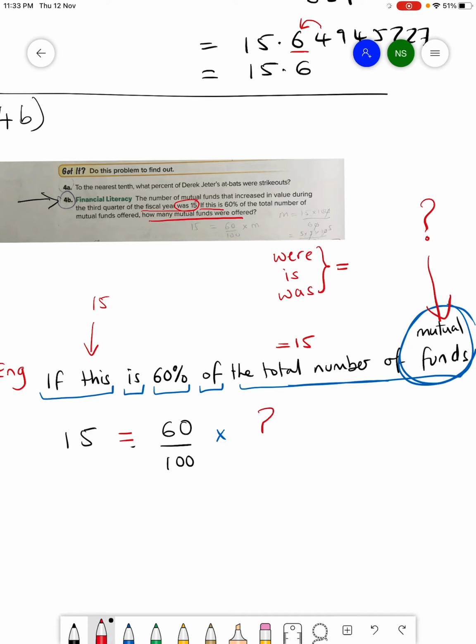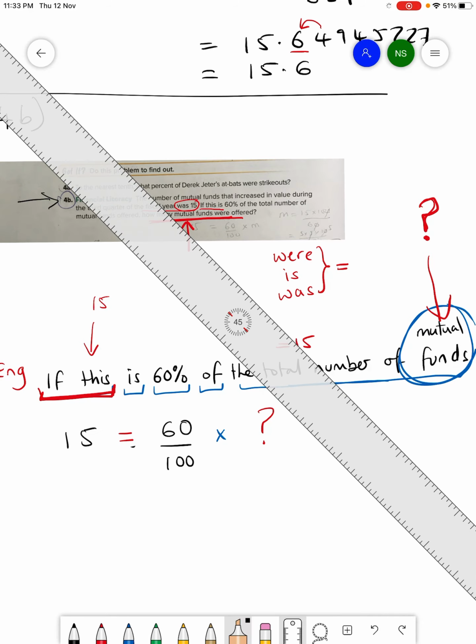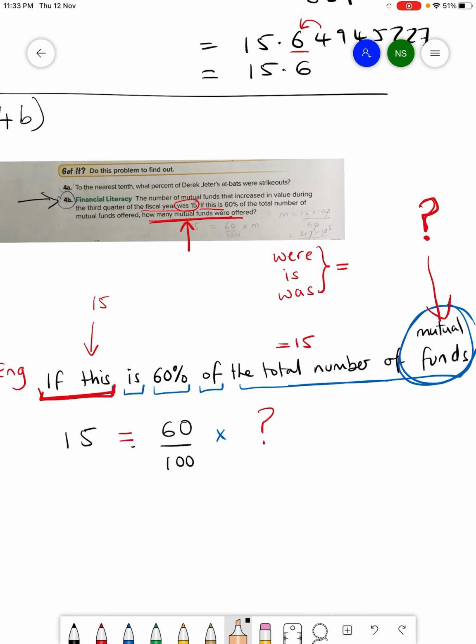That's our question mark. They asked us to find how many mutual funds. So in our sentence, they said, if this. What is this? You have to go back in the sentence to find out. It has to be what they were just talking about a minute ago.